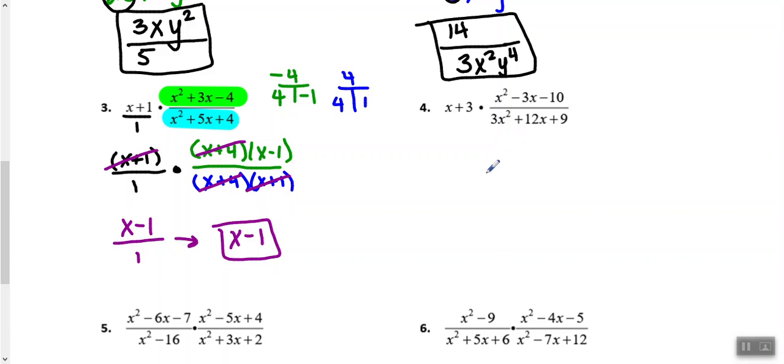So number 4 is similar. If you want to pause the video and try that on your own, you can. Otherwise, I'm going to keep going. So x plus 3, we put that over 1 because we are dealing with two fractions. And then I'm looking to factor. So there's nothing to factor with x plus 3, so that leaves it as x plus 3 over 1 times, so again I'm going to factor x squared minus 3x minus 10.